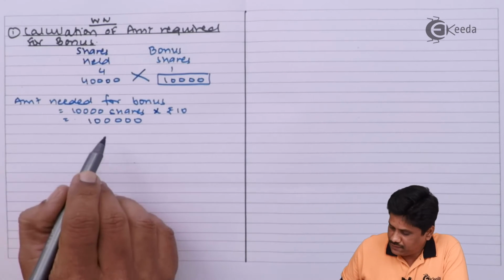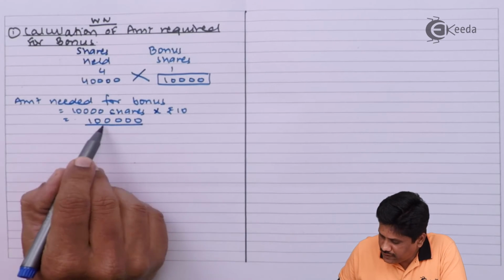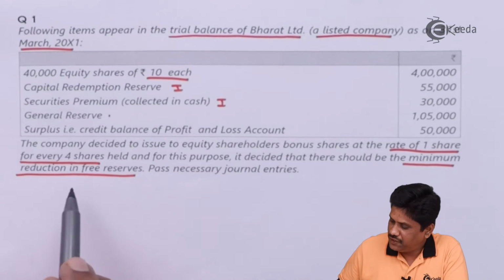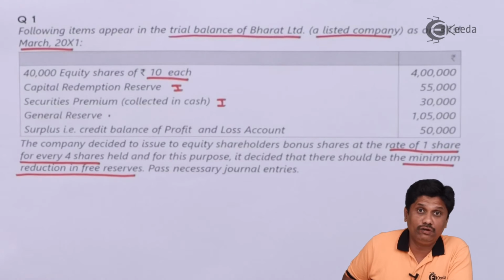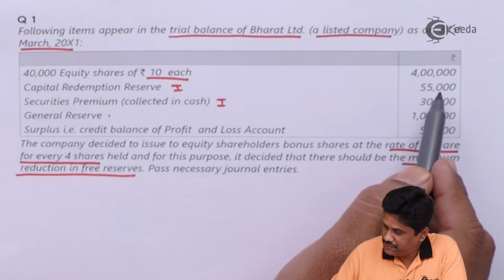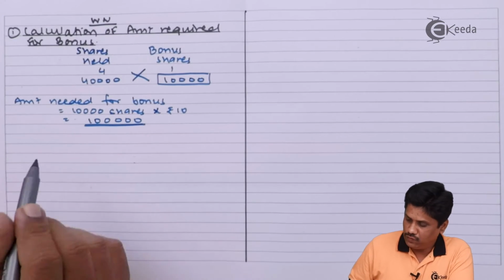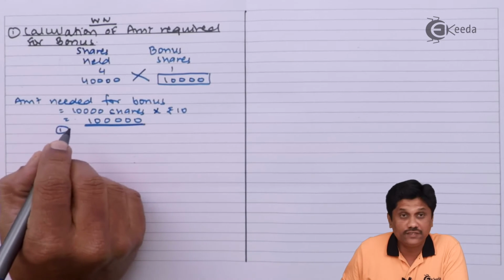How can this 1 lakh be raised? From which reserve? The question mentioned minimum reduction in free reserve, that means maximum you will use capital type of profit first. So based on that, I will use firstly capital redemption reserve, then securities premium, then general reserve, and then P&L account if required. So my first preference will go to CRR.